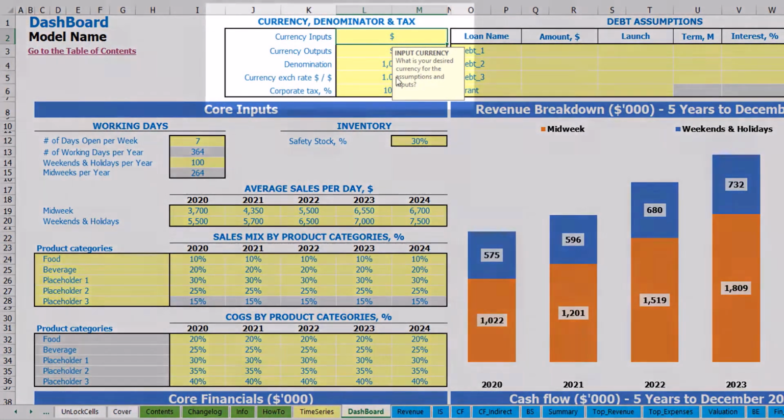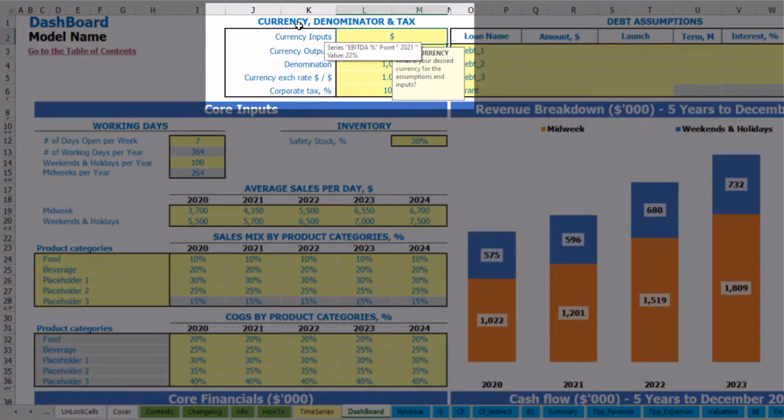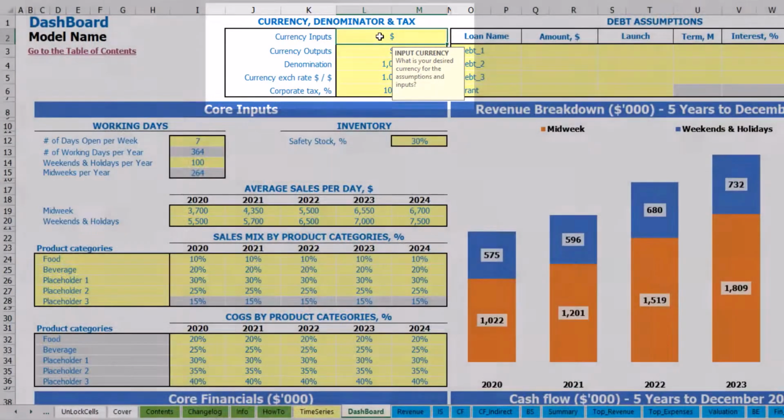On the top of the dashboard you have currency denomination and taxes setup. So currency inputs means that you can input all your drivers for the model using one currency. Then you have currency outputs. It can be the same as currency inputs, and it can be different from currency inputs. So let me give an example.